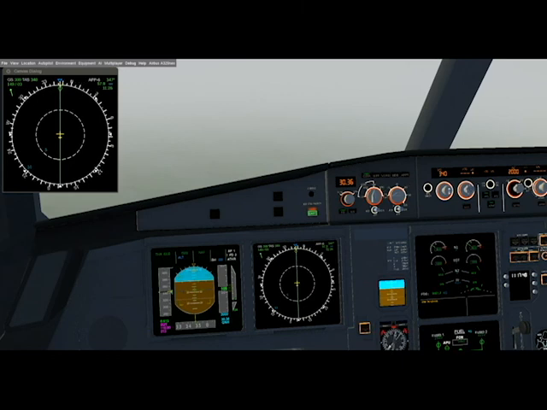When you're approaching 10,000 feet, you want to rotate your speed knob backwards all the way to 240, because we don't want to go 250 knots below 10,000 feet. Let the autopilot go and let it continue your descent.